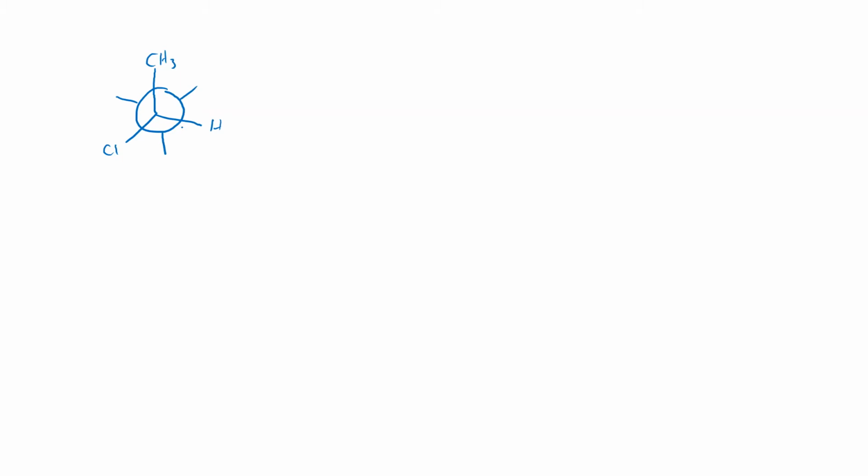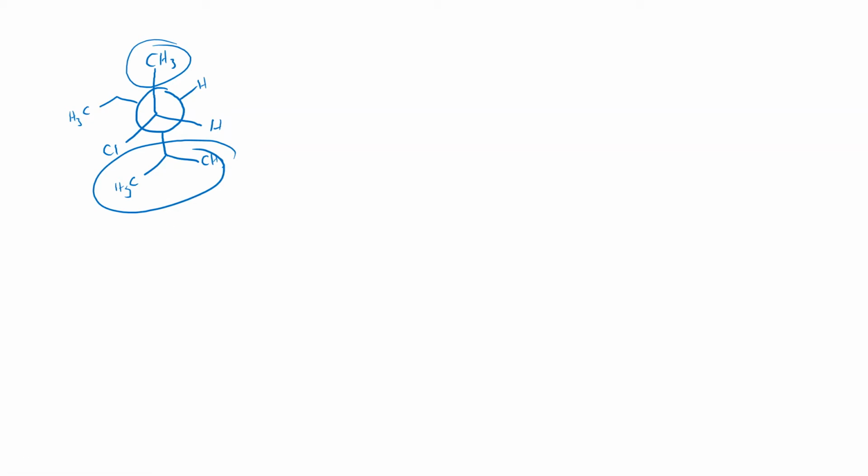Of those, the methyl group is the largest group because it has the most sigma bonds. On the back, we would put our large group over here to be opposite each other, a hydrogen, and then let's make this an ethyl group. The point being, the large groups are 180 degrees from each other. This is the best.